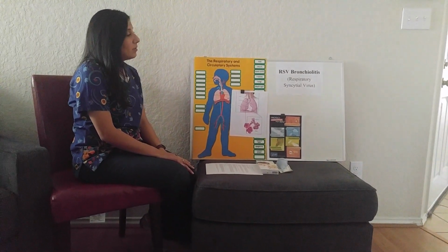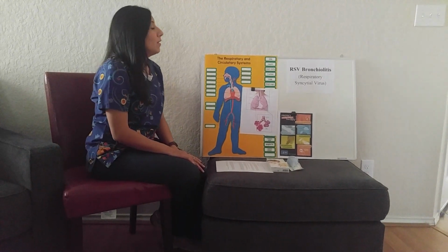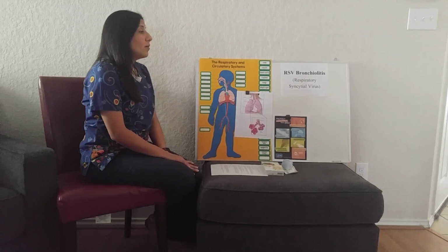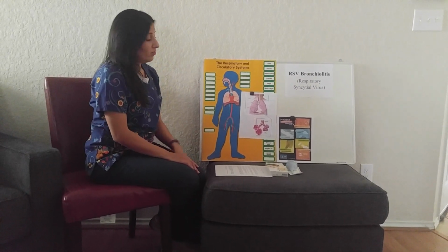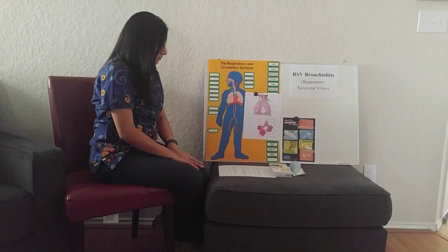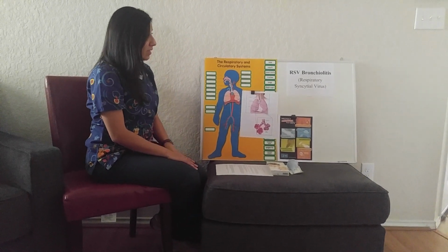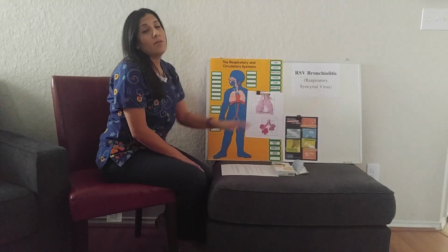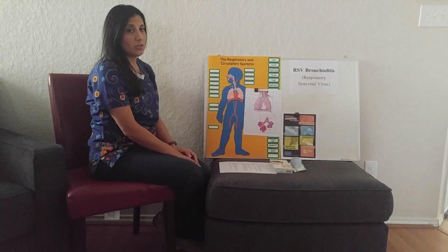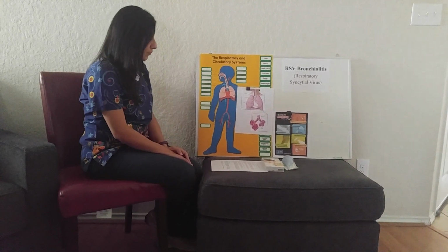So RSV bronchiolitis, what exactly is that? Well, RSV stands for respiratory syncytial virus. Bronchiolitis is the inflammation of the bronchioles. So that's going to be this area here. RSV is the specific pathogen that you usually will see with about 1/3 of all bronchiolitis infections that occur every year.